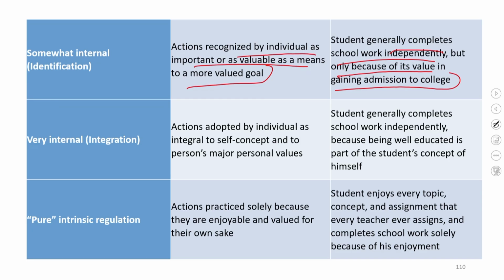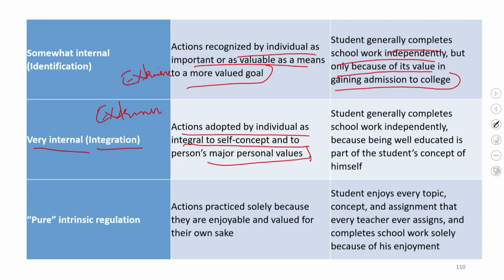The last one is very internalized, almost similar to intrinsic motivation, but still it is extrinsic motivation. This is called integration. Here actions adopted by individuals are integral to their self concept and the person's personal values.